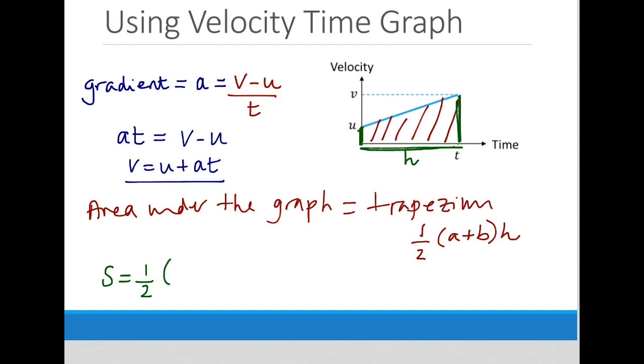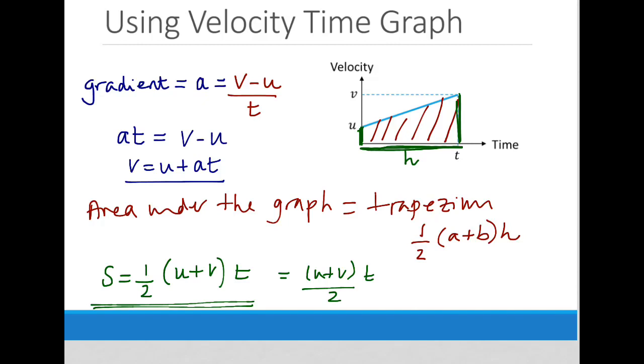Well, the height of this parallel side is u, the height of this parallel side is v, and h is actually t. And that there is a formula that we've already used, though sometimes we have written it like that. But either way, it's the same formula for constant acceleration. So that's both of them now derived from our velocity time graph.